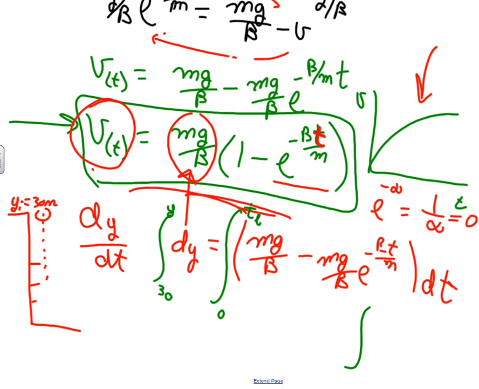If I just gave you e to the minus beta t over m, what's the integral of this? Do you guys remember how to do that? What's the integral of e to the minus beta t over m dt? It's e to the minus beta t over m times negative m over beta. Did I do that right?